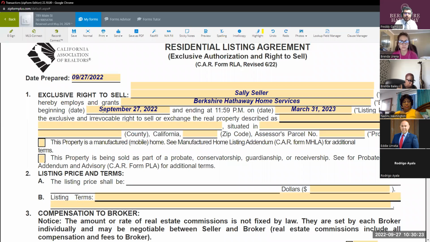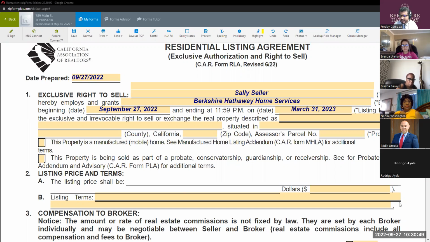Let's say, for example, you have a seller who wants to do a little cleanup, touch up, painting, who knows what, right? And they tell you, hey, Naomi, I want to sign the contract today, which is Tuesday the 27th, but I don't want my listing to start until next week. So what day next week would be good for you, Mr. Seller?